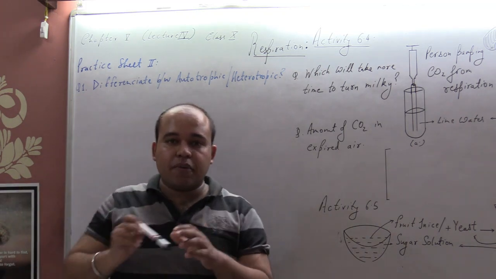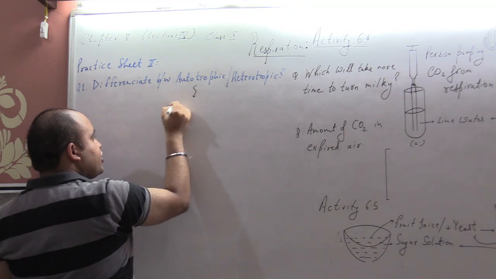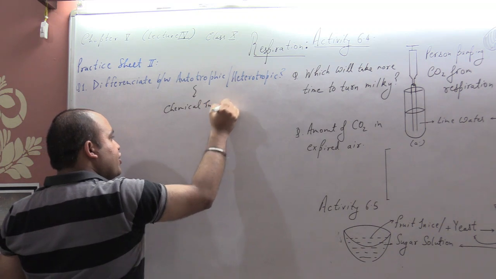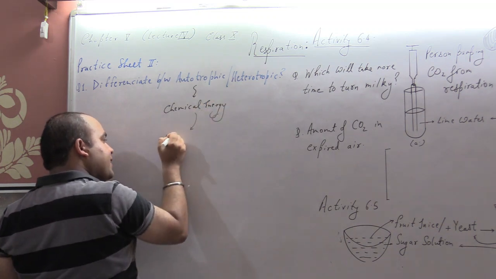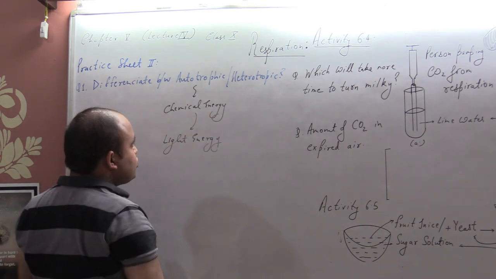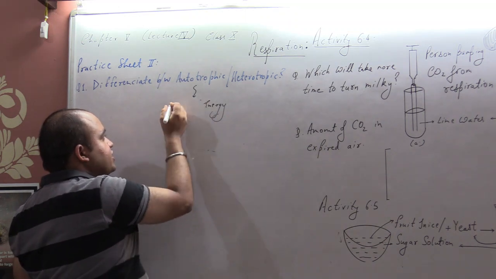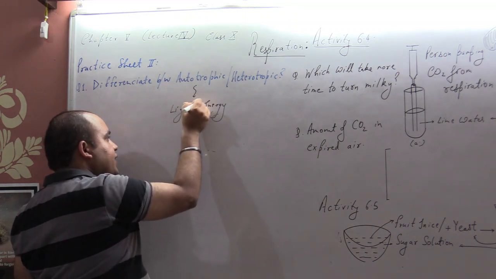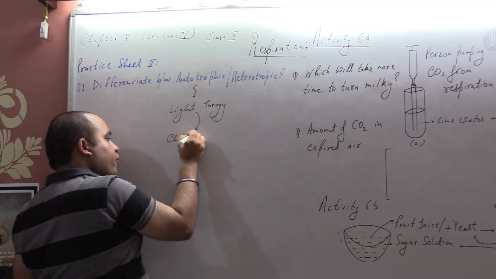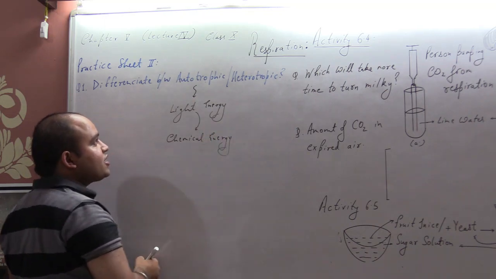In the case of autotrophic mode of nutrition, light energy could get transformed into chemical energy in the case of plant species.